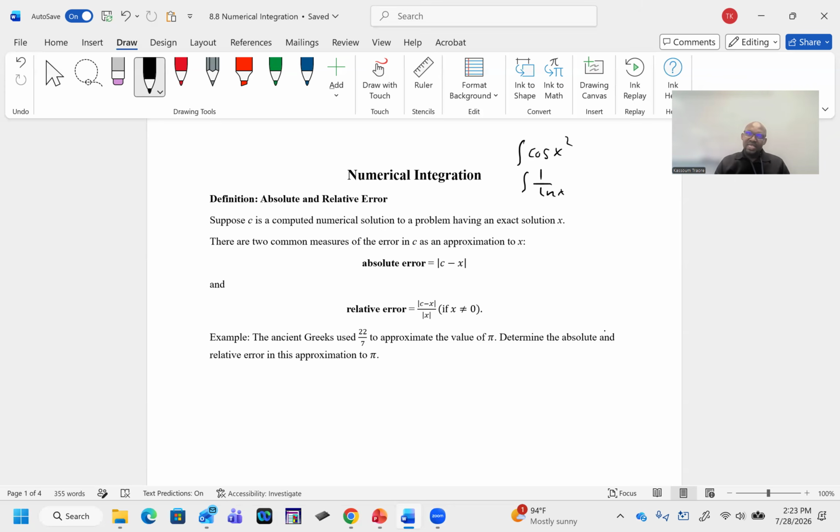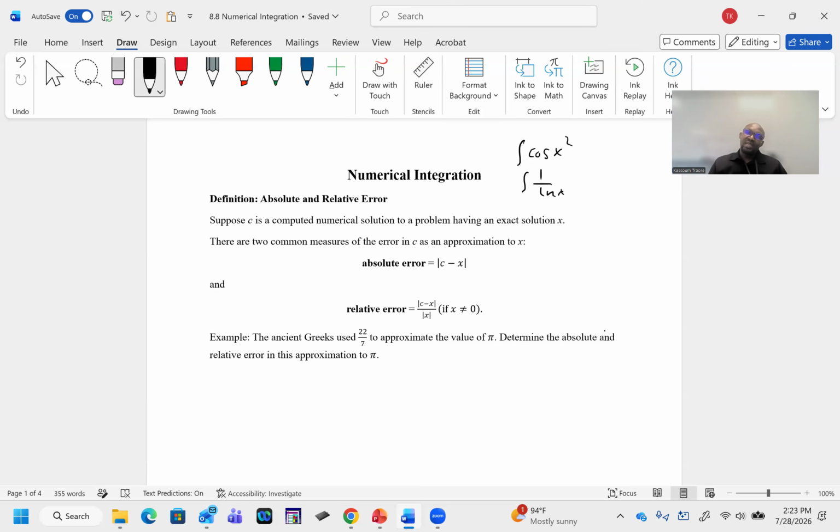Suppose C is a computed numerical solution to a problem having an exact solution X. There are two common measures of the error in C as an approximation to X. Absolute error is equal to the absolute value of C minus X, and relative error is the absolute value of C minus X divided by the absolute value of X, if X is different from 0.